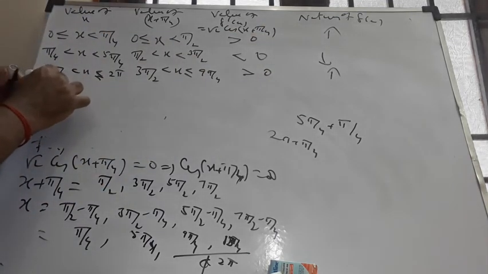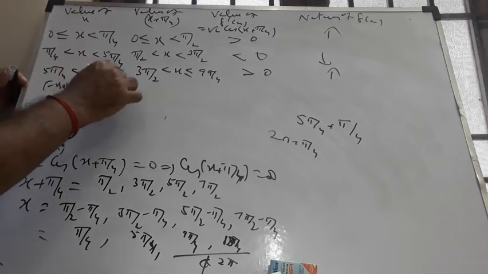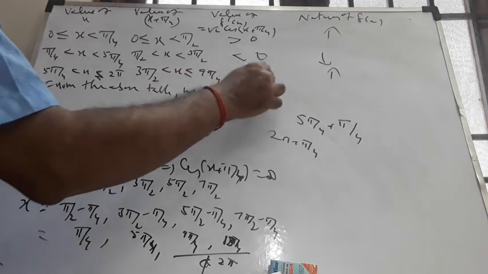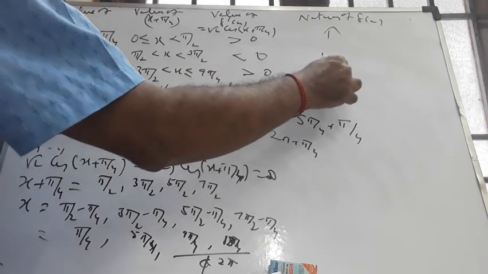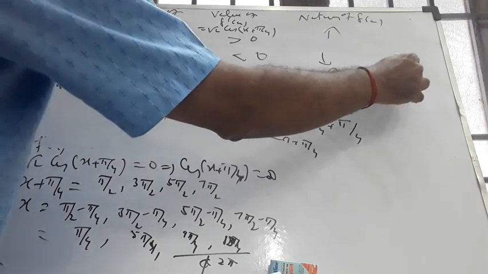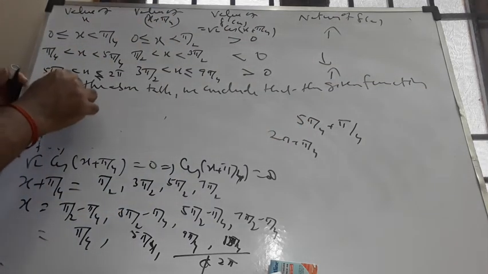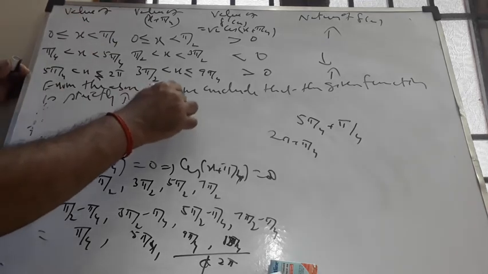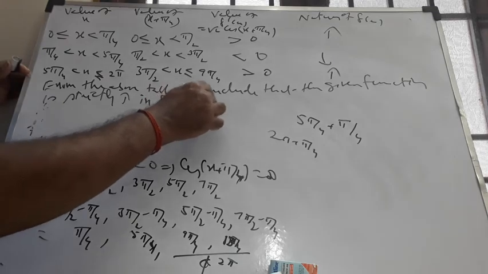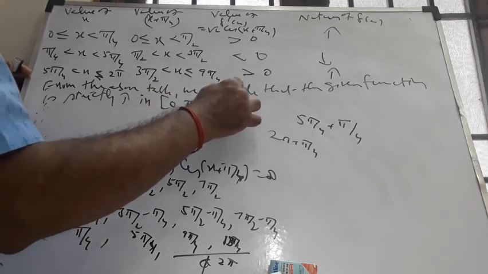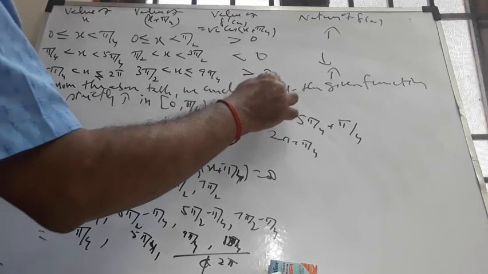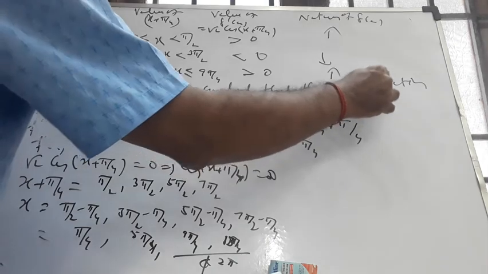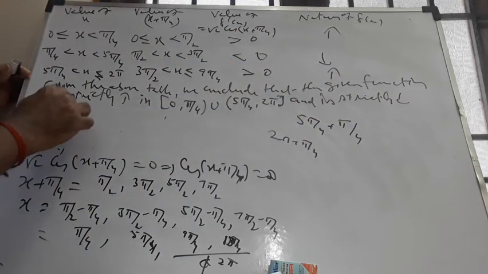Therefore, from the above table, we conclude that the given function is strictly increasing in 0 comma pi by 4 open union 5 pi by 4 open comma 2 pi, and is strictly decreasing in, what is the middle one?